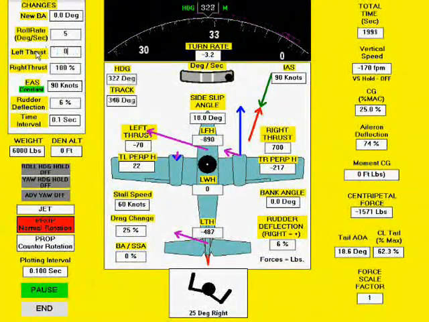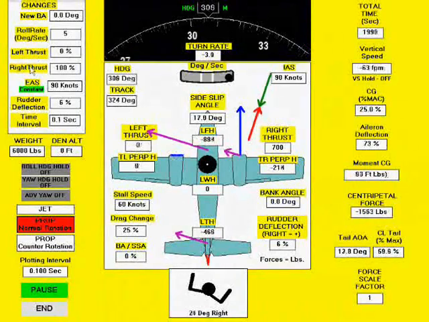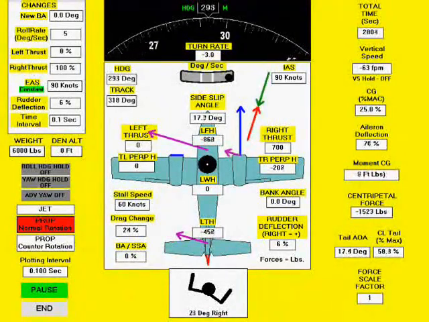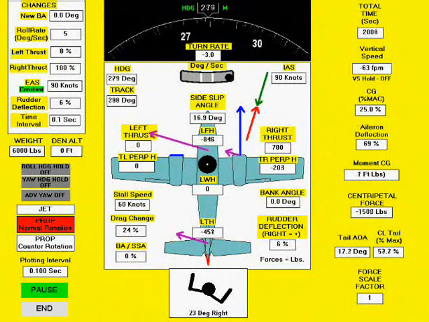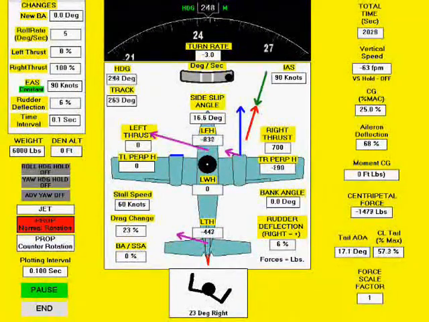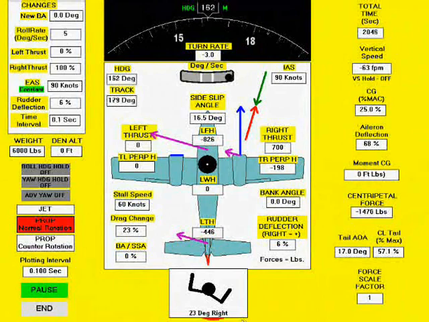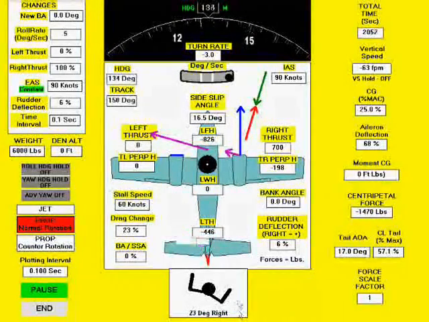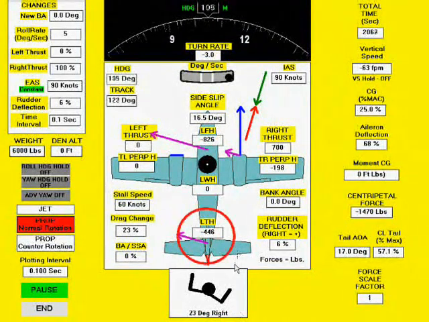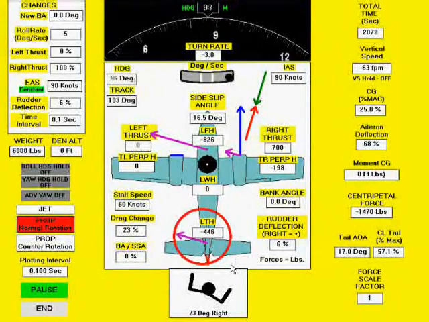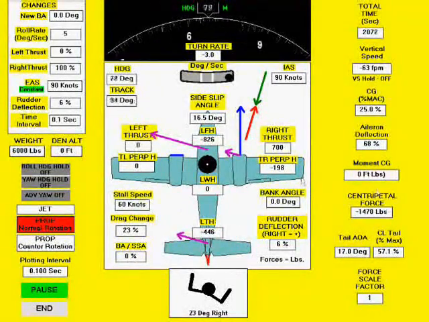Feathering the left engine reduces the sideslip angle. The vertical tail lift provides a zero moment about the CG.